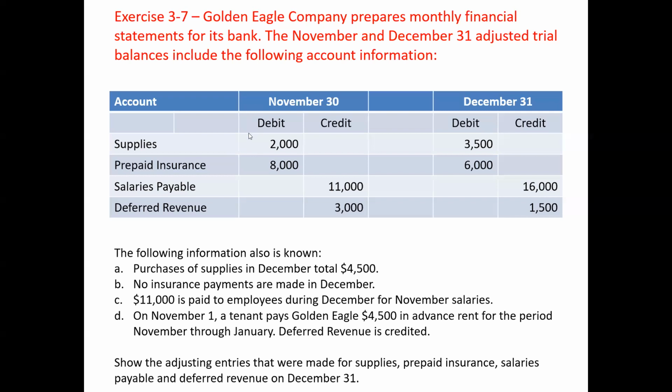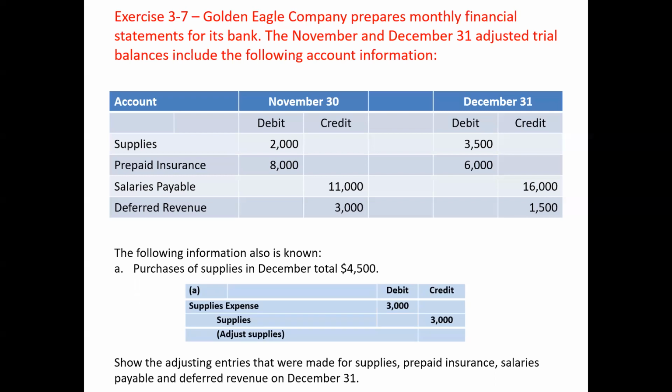So it tells me the supplies were at 2,000, and then a month later they were at 3,500. It also tells us the purchase of supplies in December total 4,500. So what that means, guys, is that the purchases of supplies totaled 4,500.